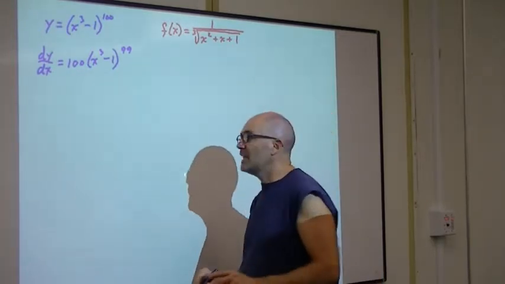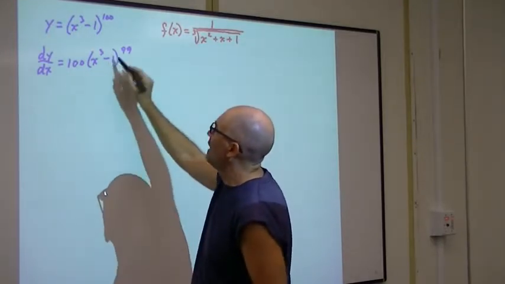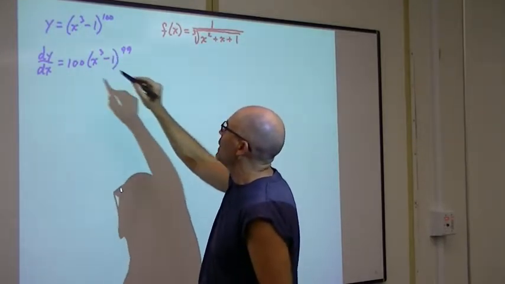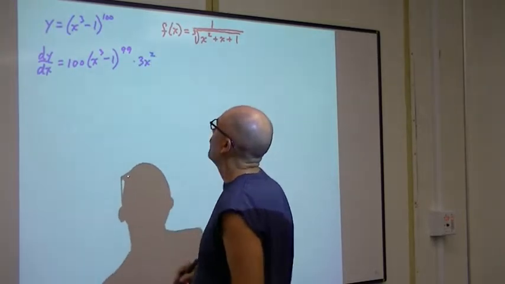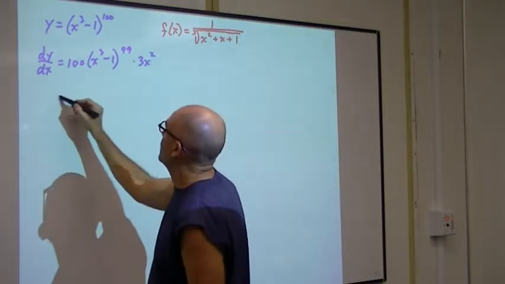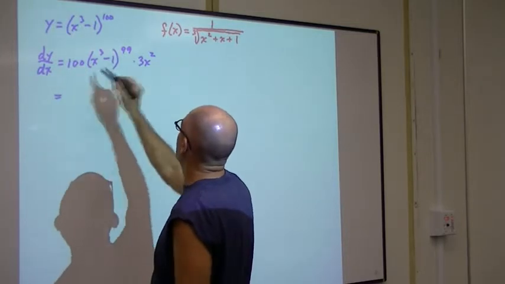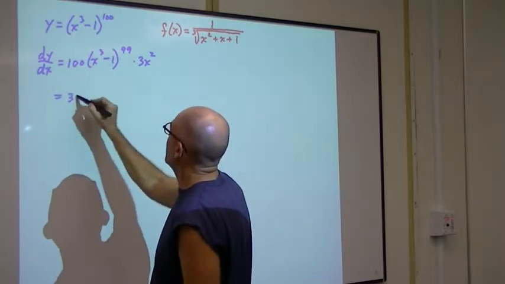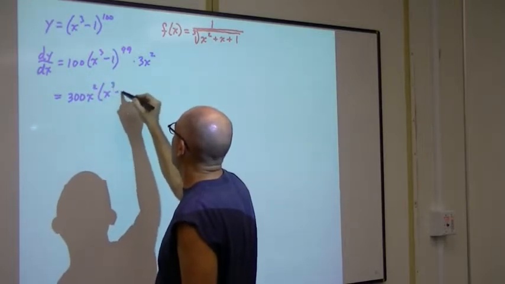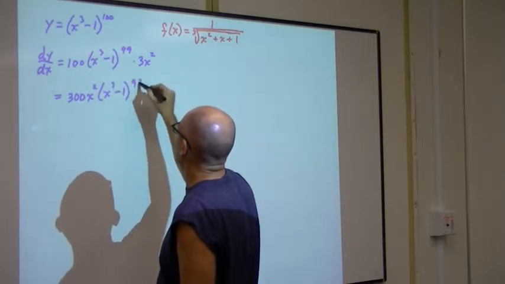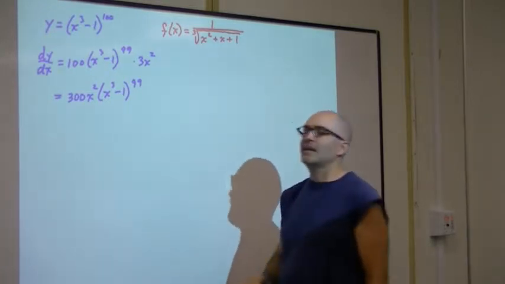Now, though, I need to take the derivative of the inside, which is 3x squared. So my final answer is going to be 100 times 3x squared, which is 300x squared, times (x cubed minus 1) to the 99th. That's it, game over.